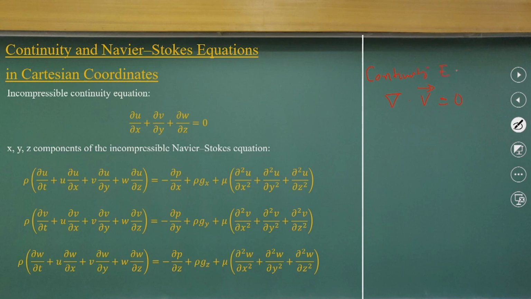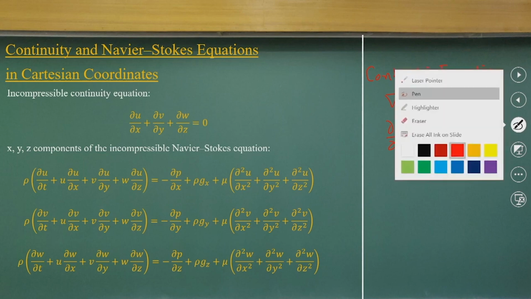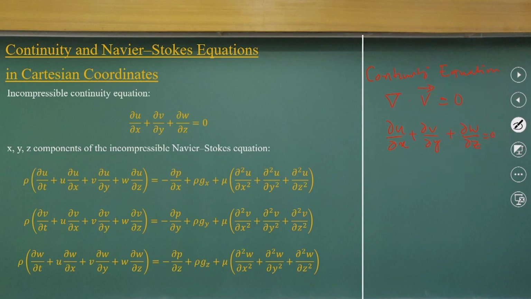Looking at it component-wise, we get these components equal to 0. That is what we get for the mass conservation equation in differential form for incompressible flow.